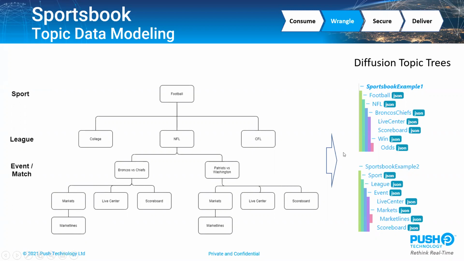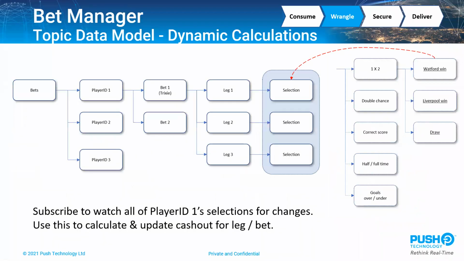So it really gives a couple of different ways that our customers can begin to work with Diffusion and work maybe on an event by event as a topic, or maybe generalize it. So there's a lot of flexibility inside of creating data models inside of Diffusion.